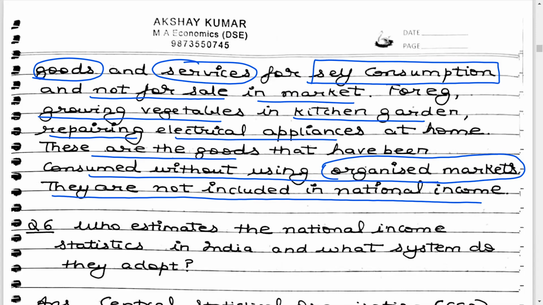Now there is a difference between these two statements: you should add it to national income, and you are not adding it to national income. One is a suggestion, one is a positive statement, the reality. We are not adding non-market activities in national income because there are no organized markets for them, but we should add them to national income because productive goods and services are getting produced. They should be added in the national income of the economy.